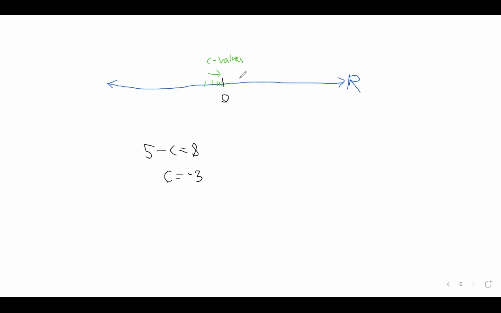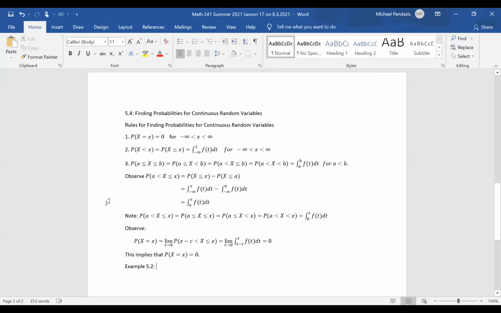So with x minus c, you could be subtracting a negative number. Okay, so c can be positive or negative. What matters is that c approaches 0. So the fact that c approaches 0 means that you get the conclusion that the probability of capital X equals little x is 0.